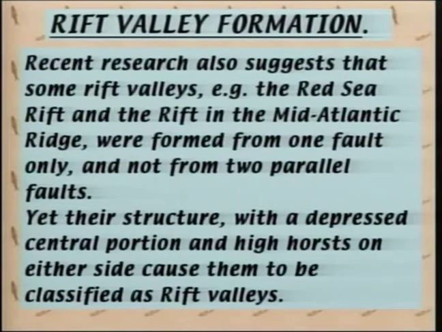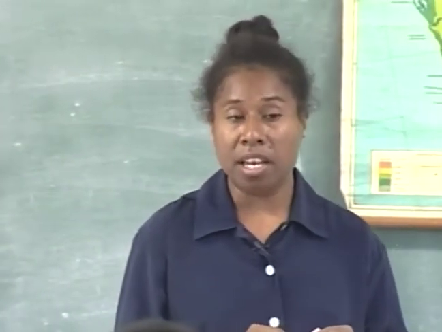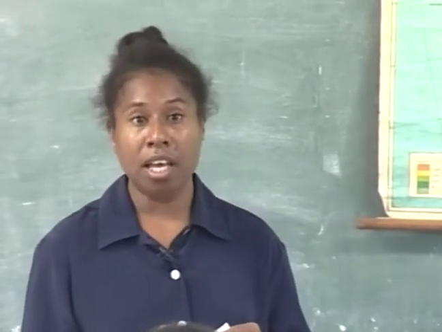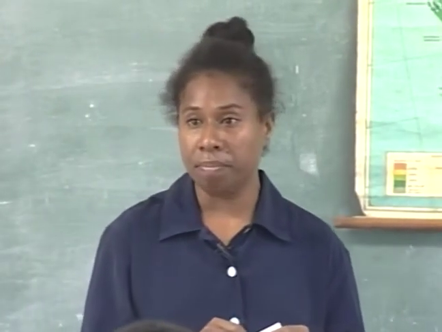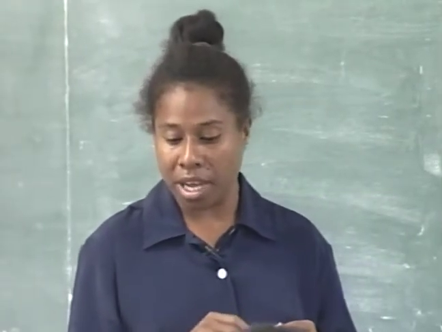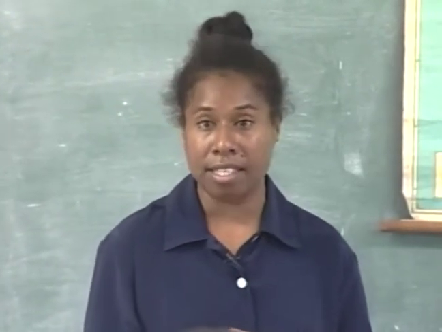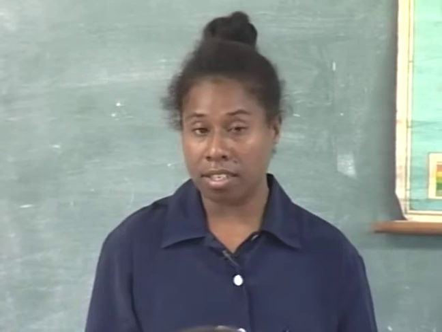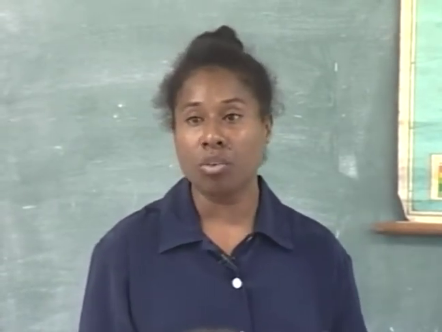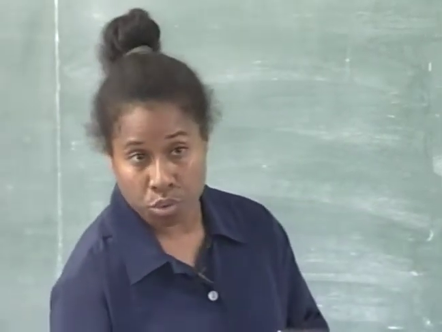From our previous lesson, the East African Rift extends all the way from the Red Sea down to the river Zambezi. Here we are making reference mainly to the Red Sea Rift, the area in which the Red Sea lies. Recent research suggests that rift valleys can also be created by only one fault line instead of two.